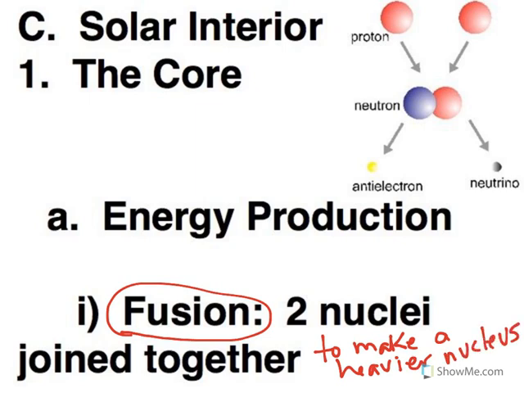How heavy a nucleus is depends upon how many protons and neutrons are present. So when you're combining two nuclei, then you are creating something that has more protons. So more protons is going to be heavier.